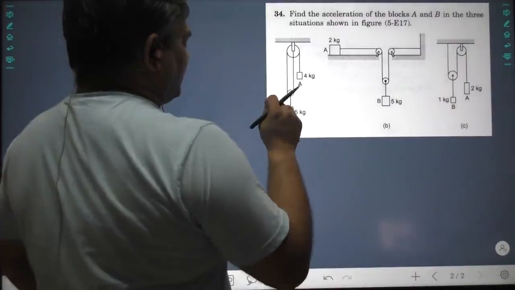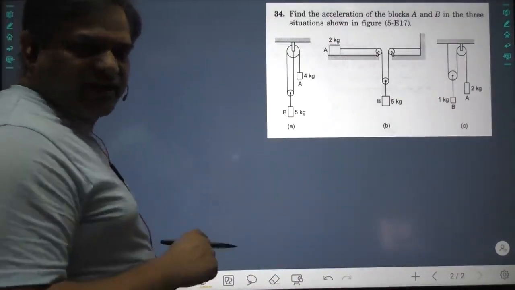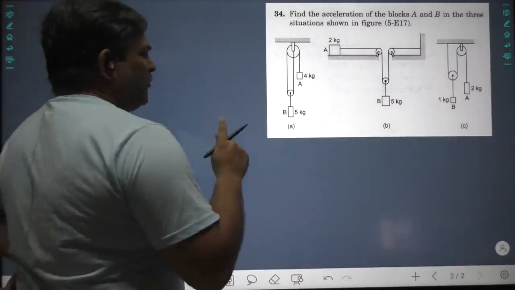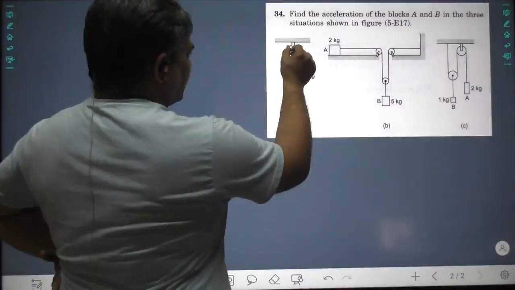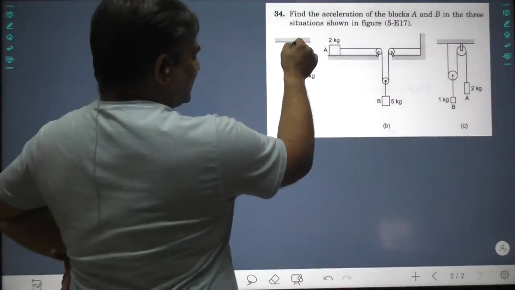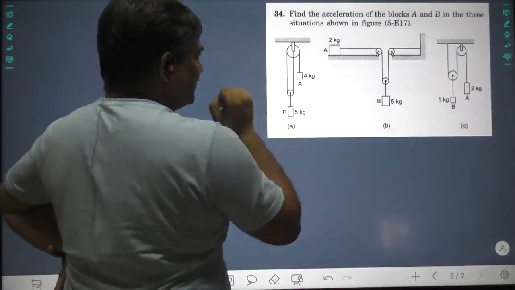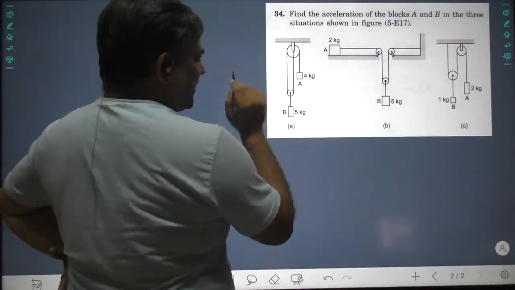Now, for the first thing, let us make free body diagrams. Let us make simple free body diagrams. Here, how many strings do we have? This is one string, tied at this end like this. Then we have another string like this. This pulley is again massless.